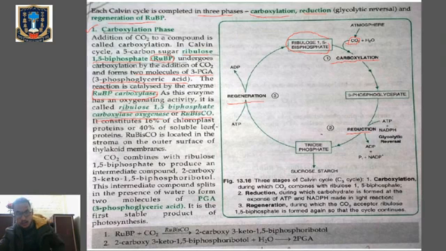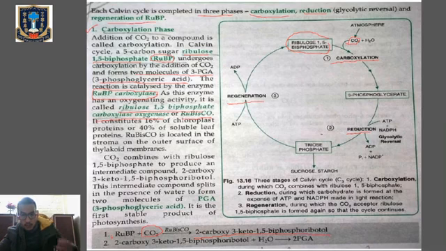Clear? So let us see the reaction. The RuBP, the 5-carbon sugar compound, undergoes carboxylation by the addition of carbon dioxide in the presence of the enzyme Rubisco to form an intermediate compound called 2-carboxy-3-keto-1,5-bisphosphoarabinitol. This is the intermediate compound.